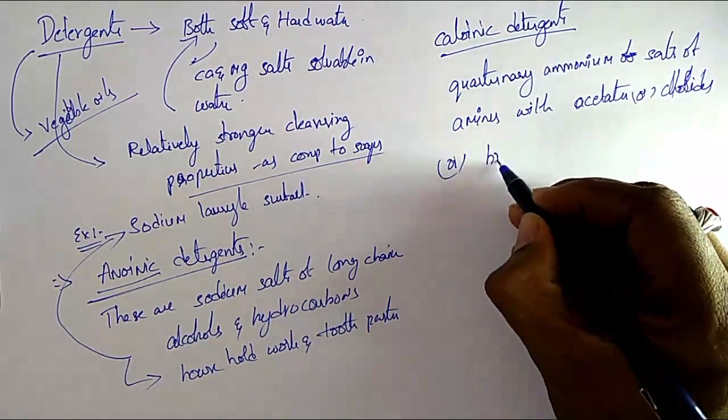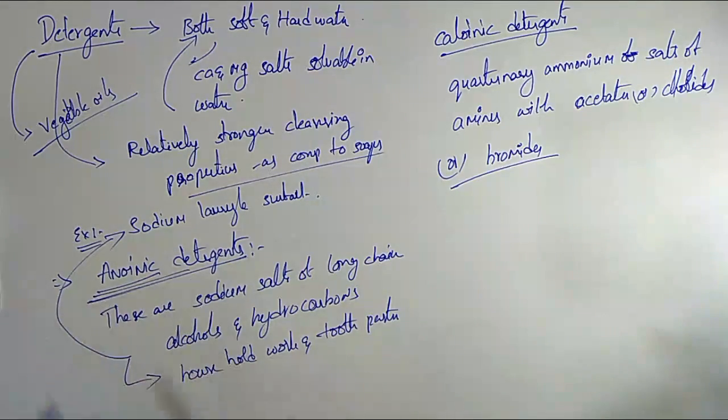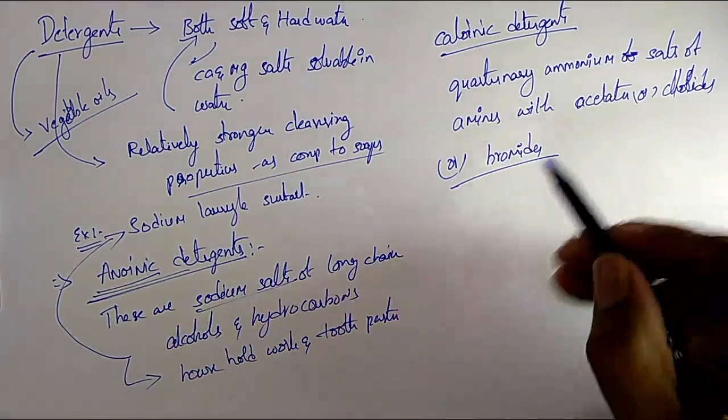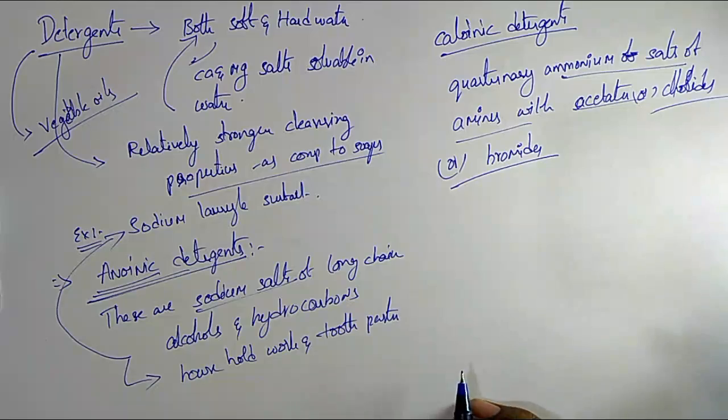Here the anionic detergents are sodium salts, and these are ammonium salts of amines with acetates, chlorides, or bromides.